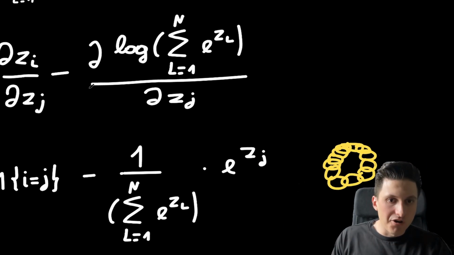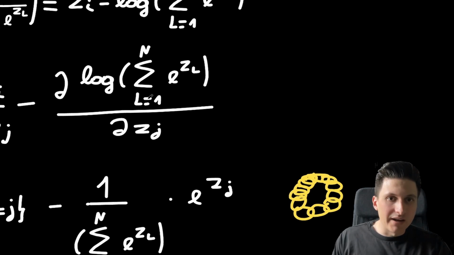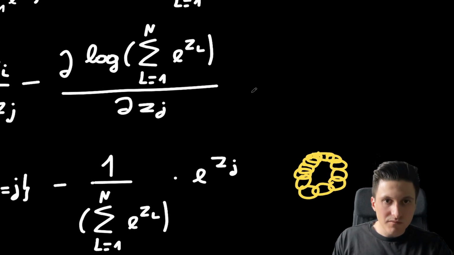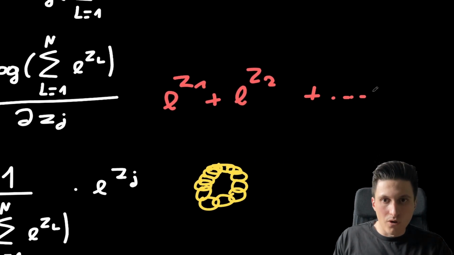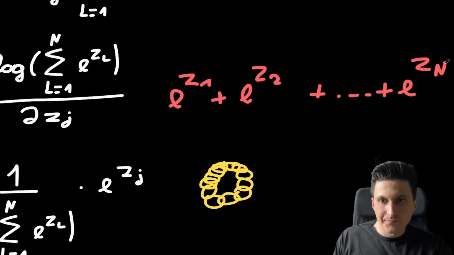For the other part, once again, the derivative of a logarithm is 1 over the thing inside that logarithm, and then we apply the chain rule once again. So we take the derivative of this inside part with respect to Zj. This is a huge sum: e to the z1 plus e to the z2 plus, and so on until we reach e to the zn.